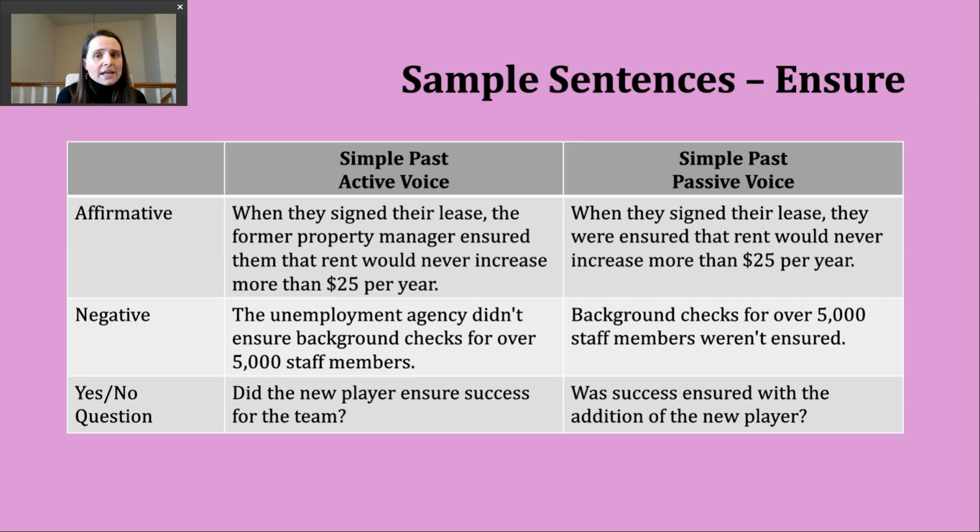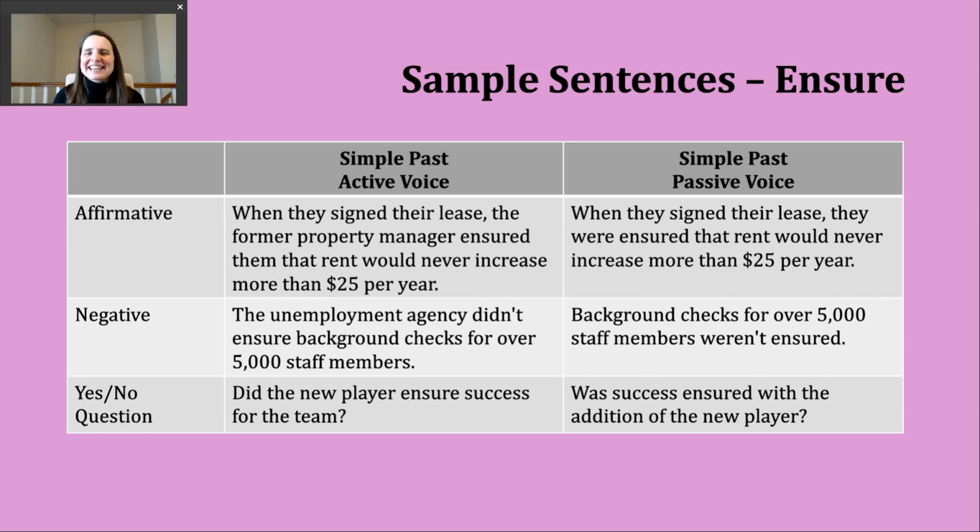Now, in the passive voice, okay, we're going to talk about who received the action. So these two people, maybe they're roommates, maybe they're a couple, we don't know, and that's okay. But they're the ones receiving this feeling of making certain of something, okay? So our structure here, we'll start with them. Then we're going to use the past form of be. So that's was or were, depending on our subject. And then we use the participle form of the verb.